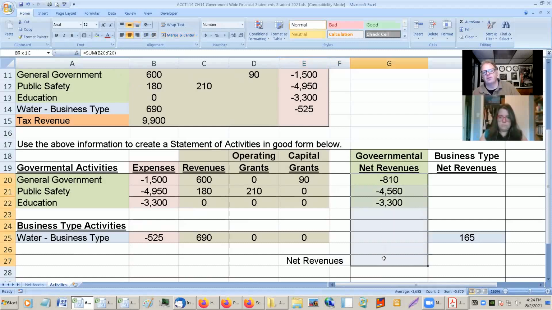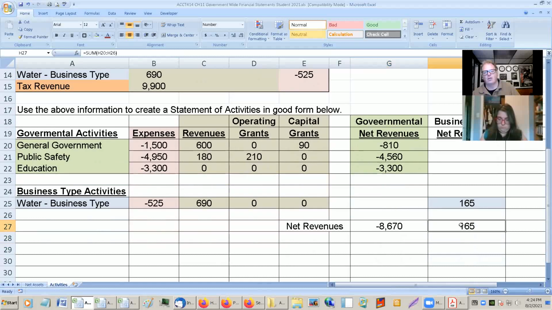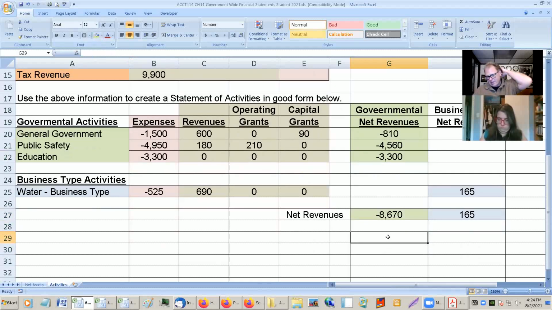This would be, and again, you'd expect the governmental to be negative.